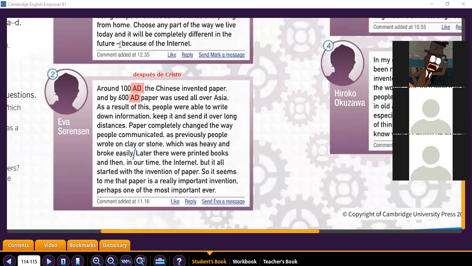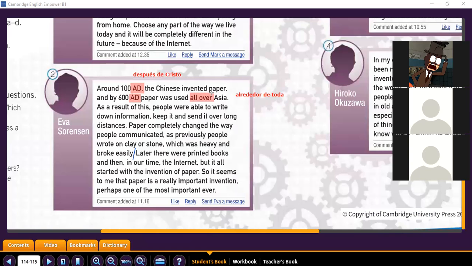Y después de 600 años después de Cristo, ya el papel era utilizado alrededor de toda Asia. That would be the meaning of all over. Sí, alrededor de toda Asia. That would be the meaning of all over in this case.